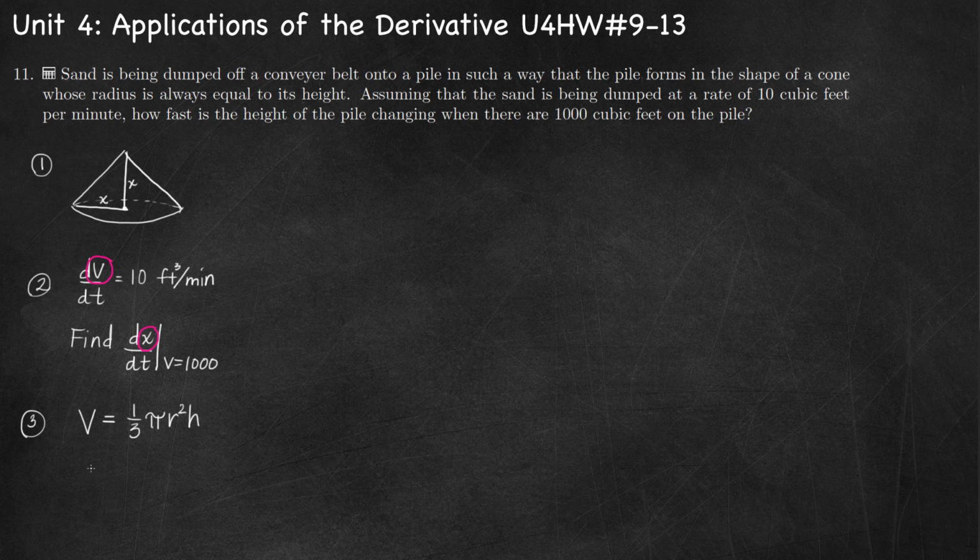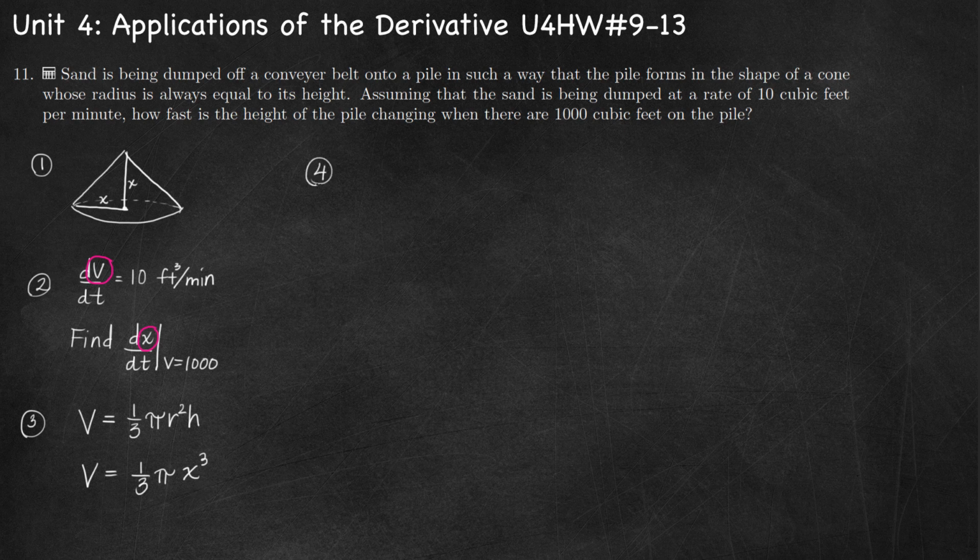Now we can rewrite this because in this particular problem, the radius and the height are both equal, and we've already labeled them as x. So our equation is v equals 1/3 pi x squared times x, or in other words, x cubed. So here's my equation that relates v and x.